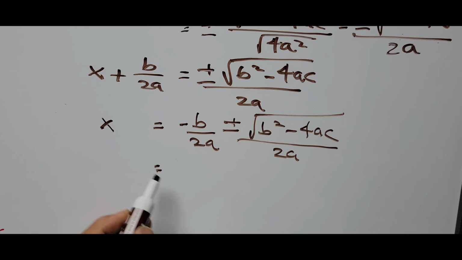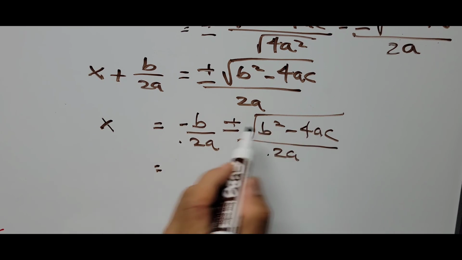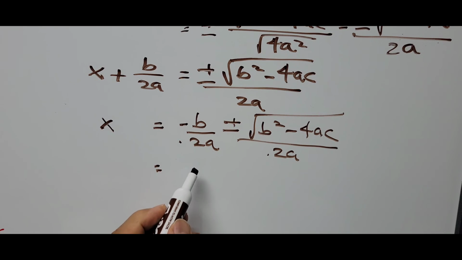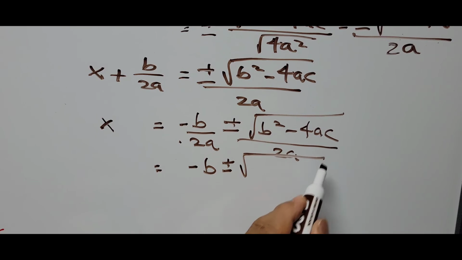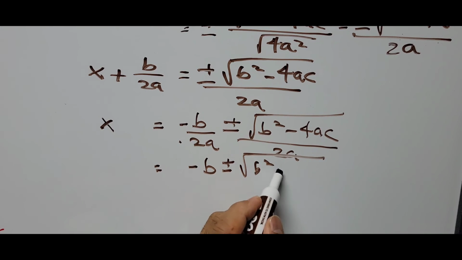They have the same denominator, so we combine them. The numerator becomes minus b plus or minus the square root of b squared minus 4ac, all over 2a.